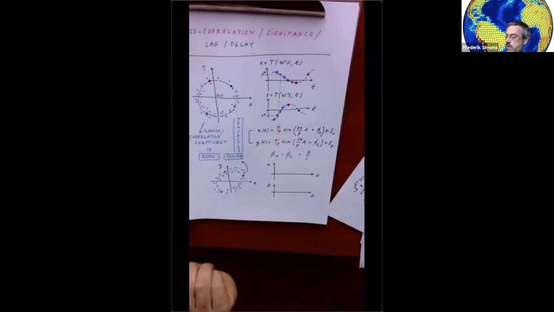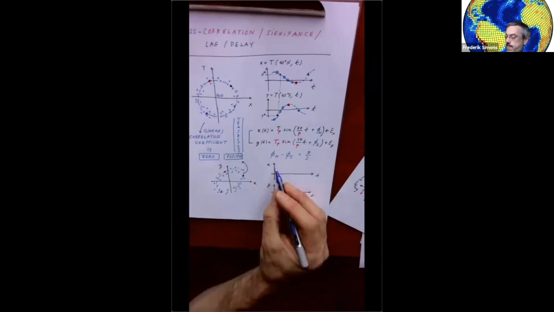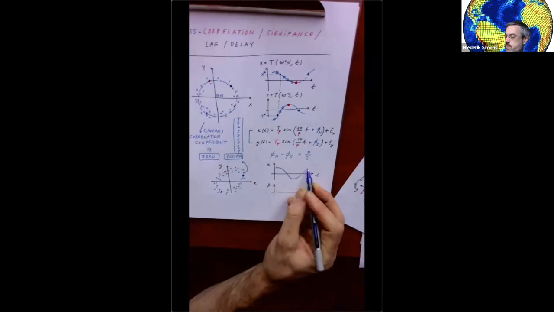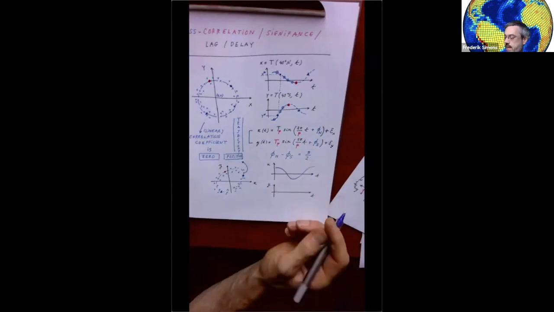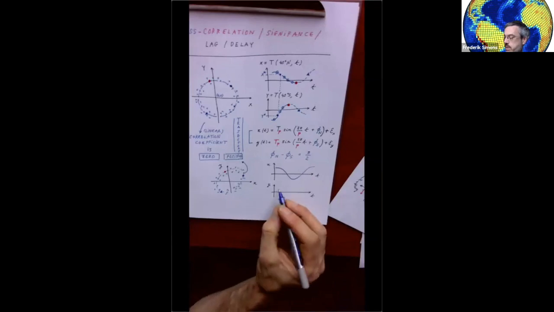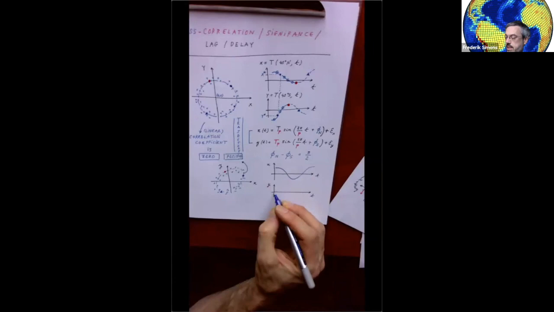So I want to see some sort of underlying oscillatory behavior in time. And for my Y variable, I want to see that also. If this is a cosine, I don't want it to start as a sine, but I want it to start a little bit later in the phase. So I'm just going to sketch it like this.